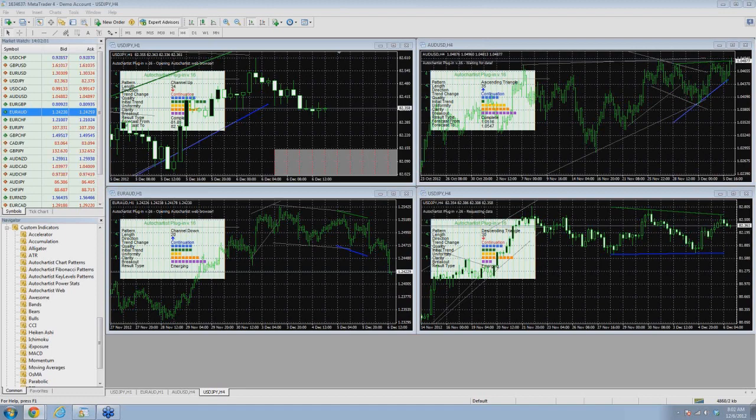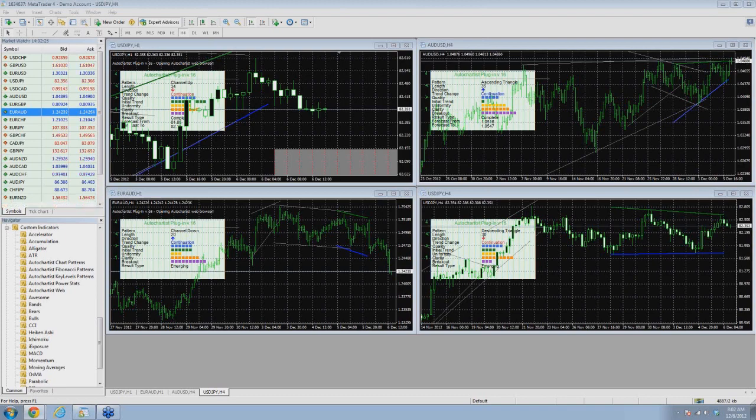So when you go to our website, you'll see that we have this section here, MetaTrader 4 plugin. If you click on it, it'll take you to a page that's going to show how to download this. And basically what you're looking at here is a very simple download.